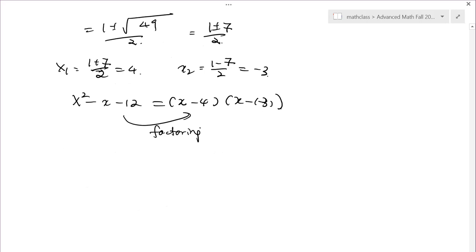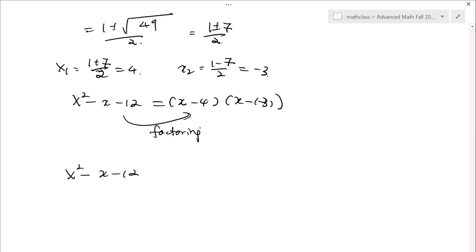But factoring a quadratic function can be done directly instead of going through the roots. Once you factor the quadratic function, you also get the roots right away. All right. So I'm going to try this x squared minus x minus 12.